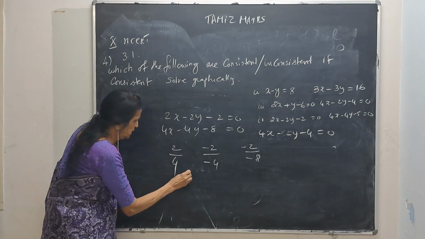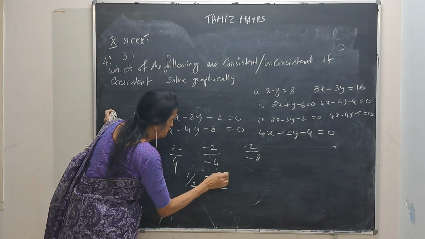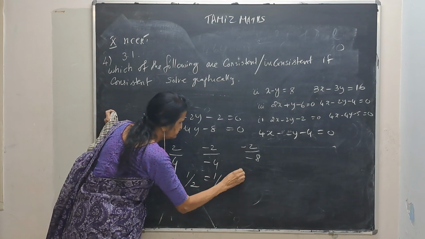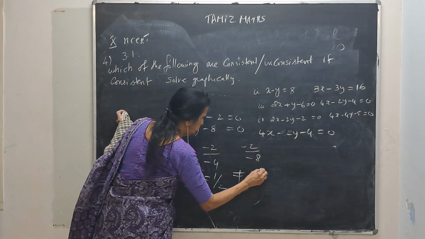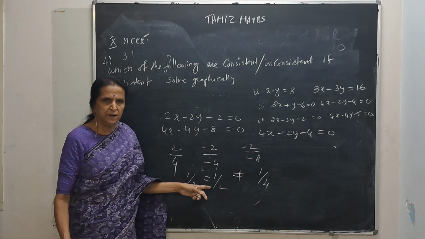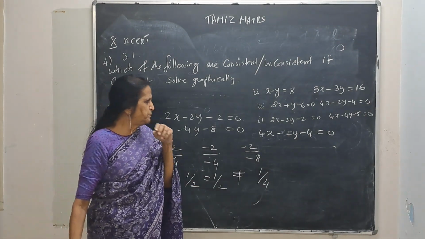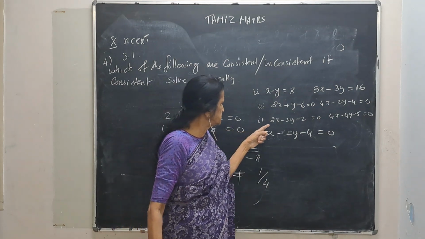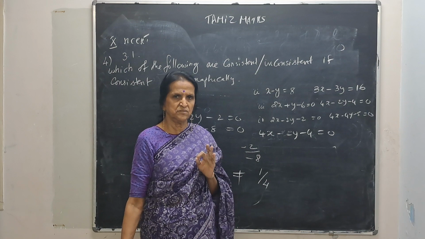So this is 1 by 2, 1 by 2, but this is not equal to 2 by 8, which is 1 by 4. So a1 by a2 equal to b1 by b2, but that's not equal to c1 by c2. So they will be parallel lines, so they are inconsistent, they don't have a solution.